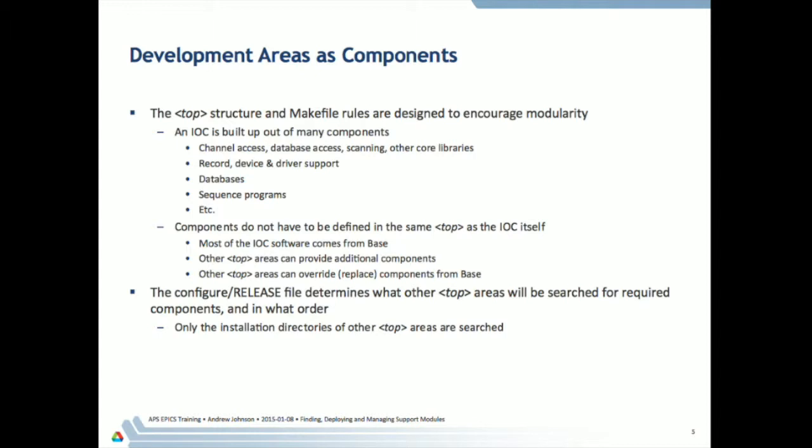So a few years back, there was an essential patch that needed to go into base, but we weren't actually able to rebuild base. We didn't want to have to rebuild base, I'm talking about the accelerator systems here. We didn't want to have to rebuild base and all 250 IOCs out there. So what we did was we added a new support area called base patch. And in that, we overrode the components in base itself that fixed the bug that we needed to fix.